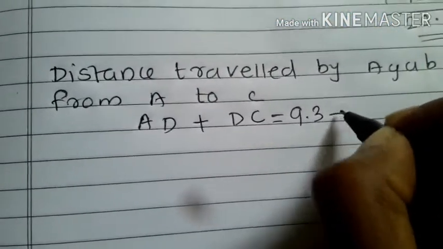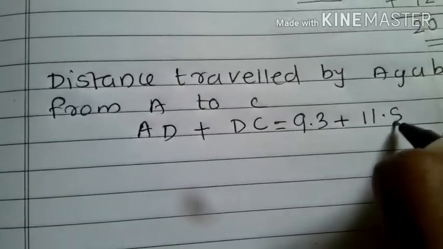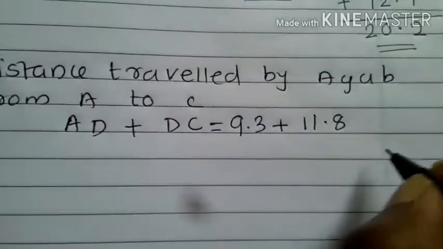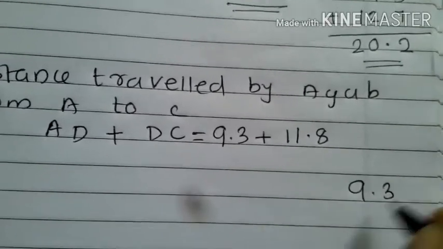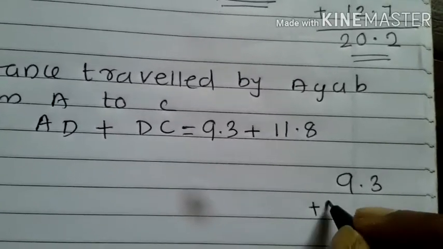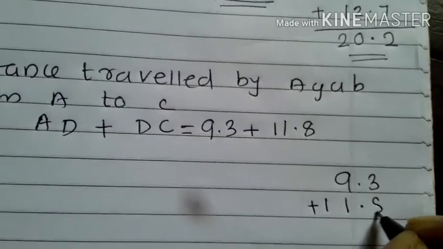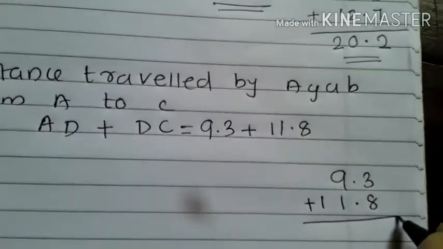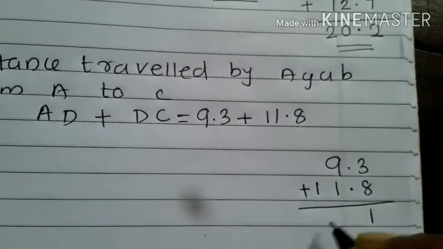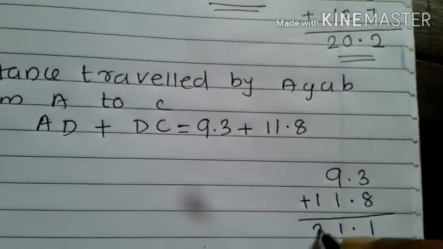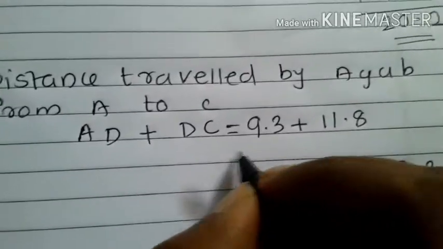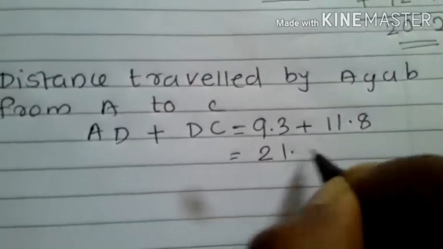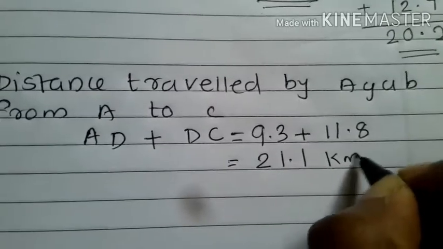Then add these two numbers, 9.3 and 11.8. So we add the numbers, we get 21.1. So the answer is 21.1 km.